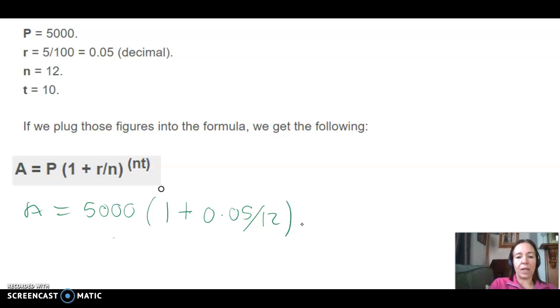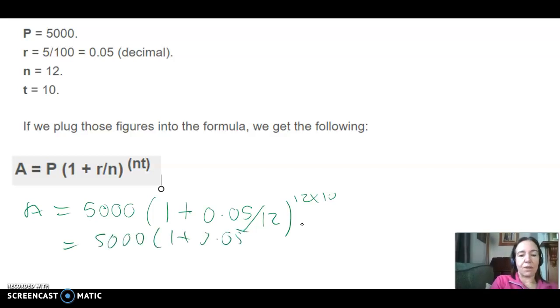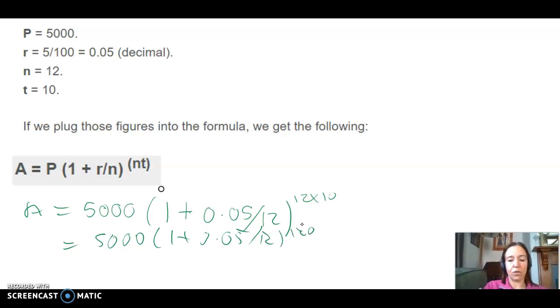And then we need to do that to the power of 120, or 12 times 10. 12 times in 10 years, so it'll be 120 times altogether. I'm just going to tidy that up. So it's 5,000 times 1 plus 0.05 divided by 12, all to the power of 120.